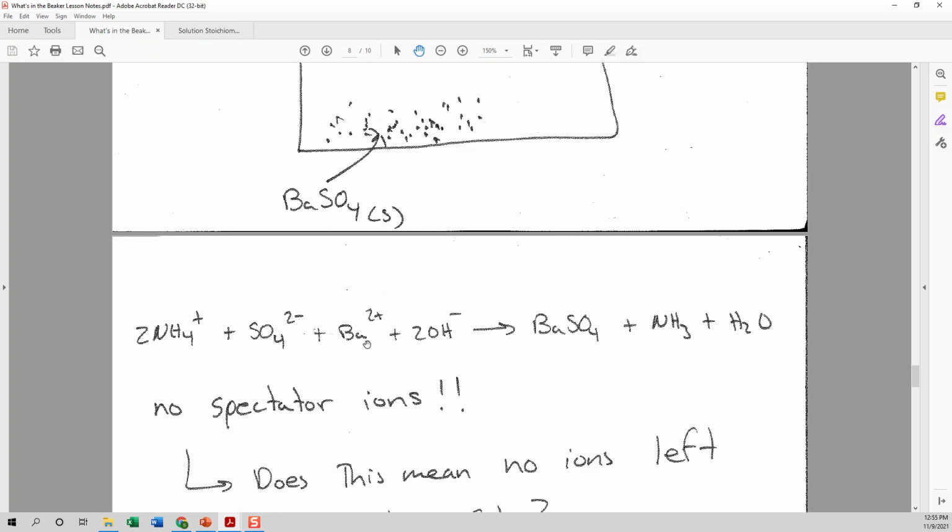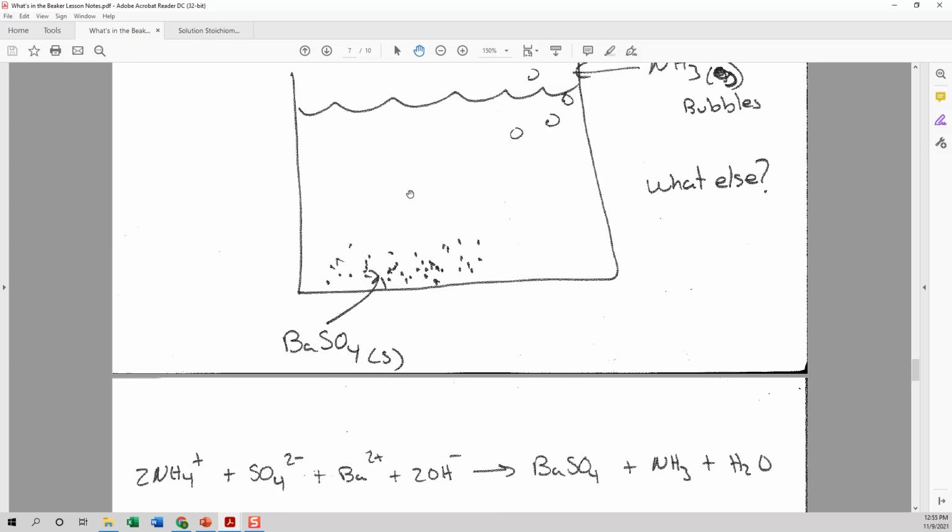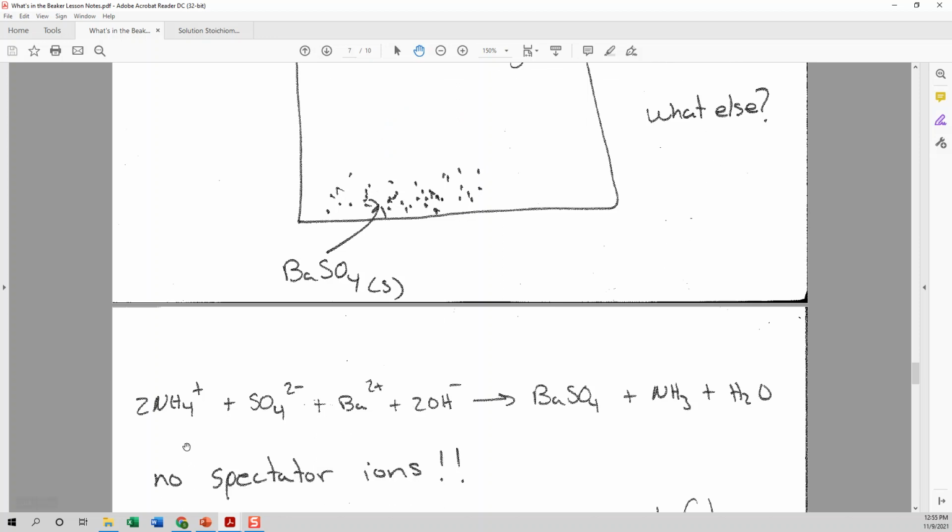But does that mean we don't have any ions still dissolved? And the answer is no, right? Maybe not all the reactants react. So if we run out of hydroxide, the reaction stops and we'll still have ammonium.